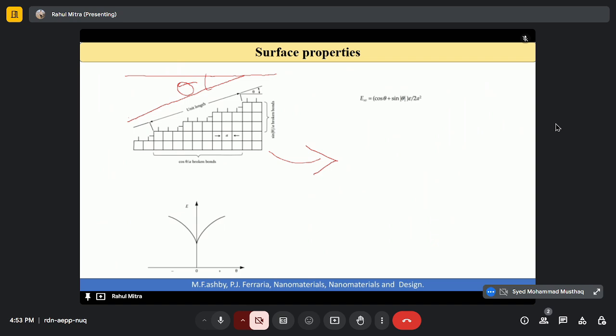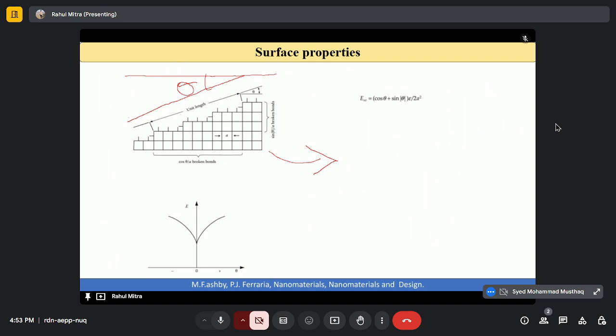To solve complex mathematical equations, we non-dimensionalize terms. The most important term we are going to use here is the length term, so I will non-dimensionalize the length and take a unit length.